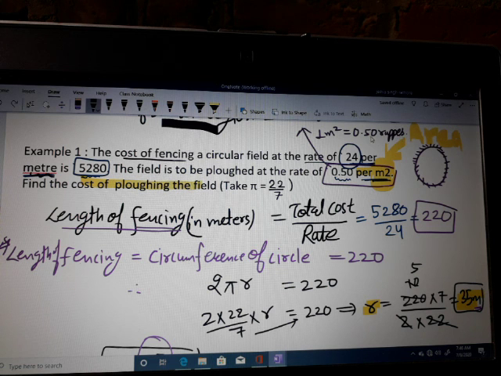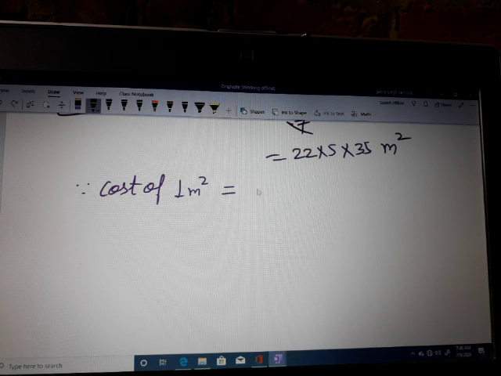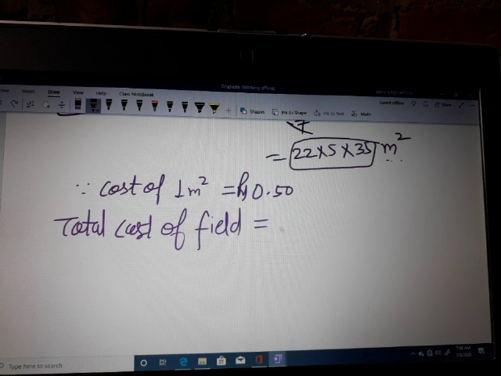Since the cost of 1 meter square is 0.50 rupees, therefore the total cost of the field equals 0.50 into the area of the circle, 22 into 5 into 35.